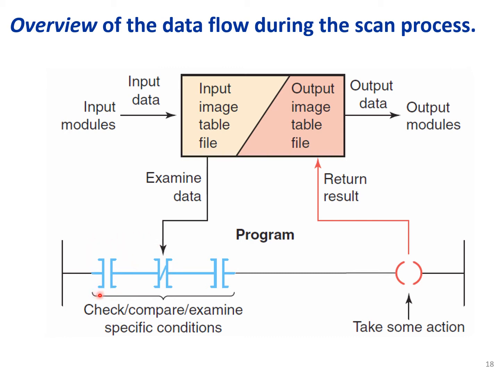So we have normally open, normally closed contacts here, and the status of them will be updated based on the input image table. And then the output or the coil will be updated and the result will be returned to the output image table. And then the output data will be sent to the output module for energizing and de-energizing field devices.